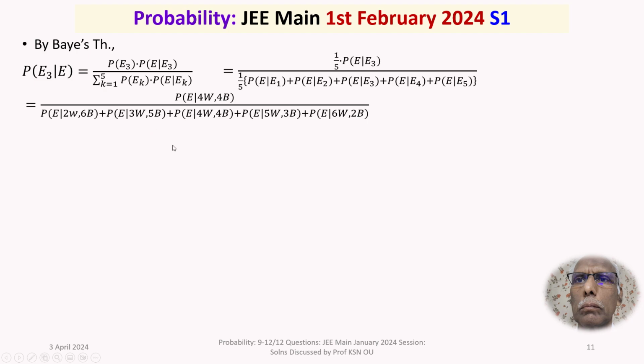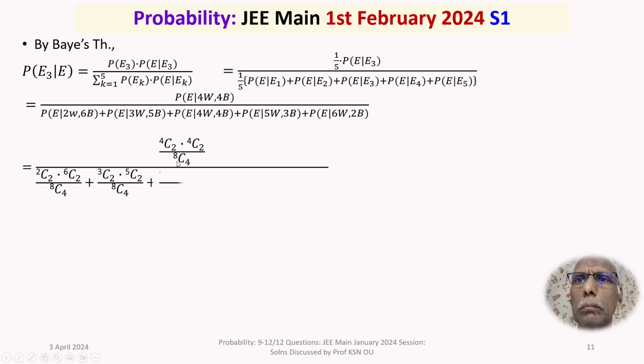Now it is very easy to write down. So what is E? To draw 2 white and 2 black out of this 4 white and 4 black. So what will this be? 4 plus 4 is 8, so 8C4, drawing 4 balls.